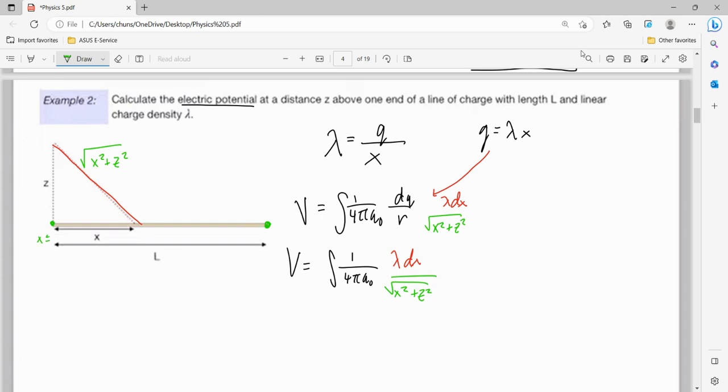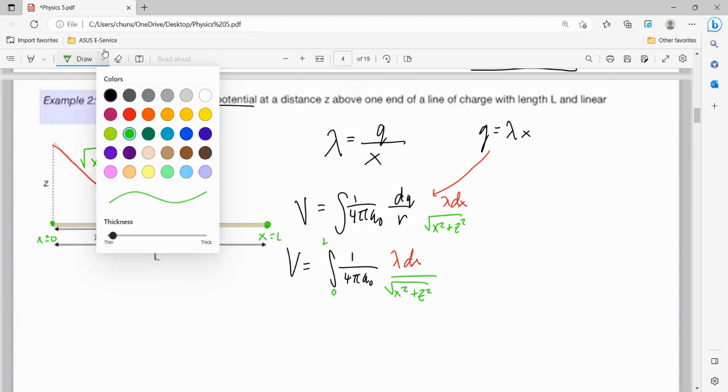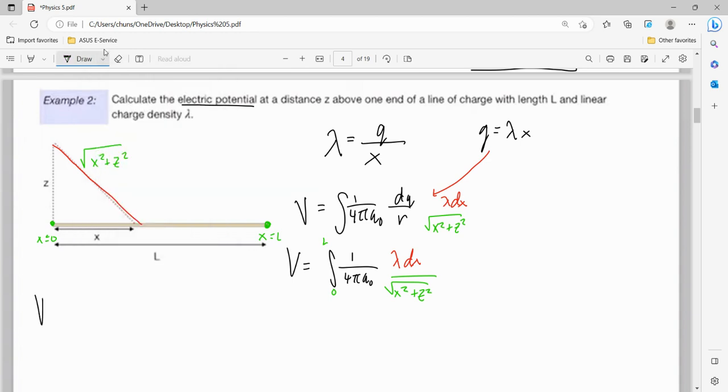So as we start from x equals 0 and measure it to x equals L, these are going to be our integration limits. We can kick out the 1 over 4 pi epsilon 0 because that is a constant. So that leaves lambda dx over x squared plus z squared inside.